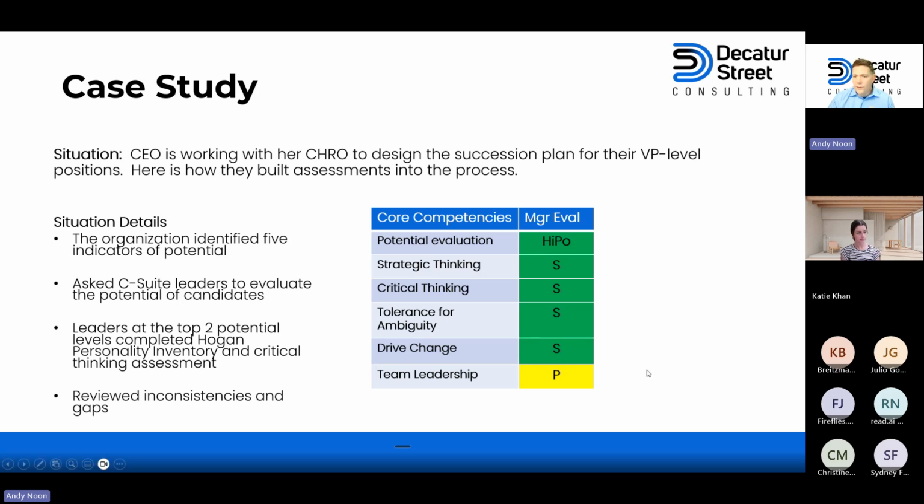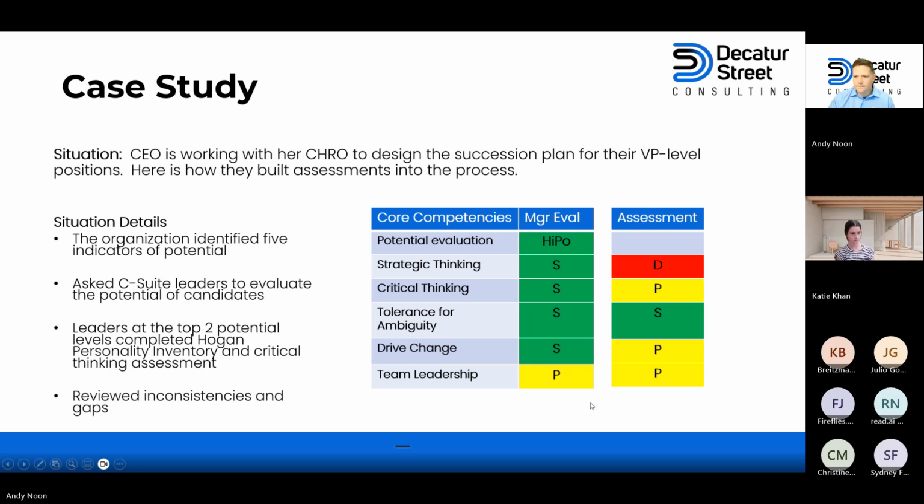Then we pulled up the assessment for this individual, and we found something that looked a little bit different. The assessment showed that the individual was developing in role as it related to strategic thinking. They did have one strength in tolerance for ambiguity, but the rest of them were just at a proficient level.